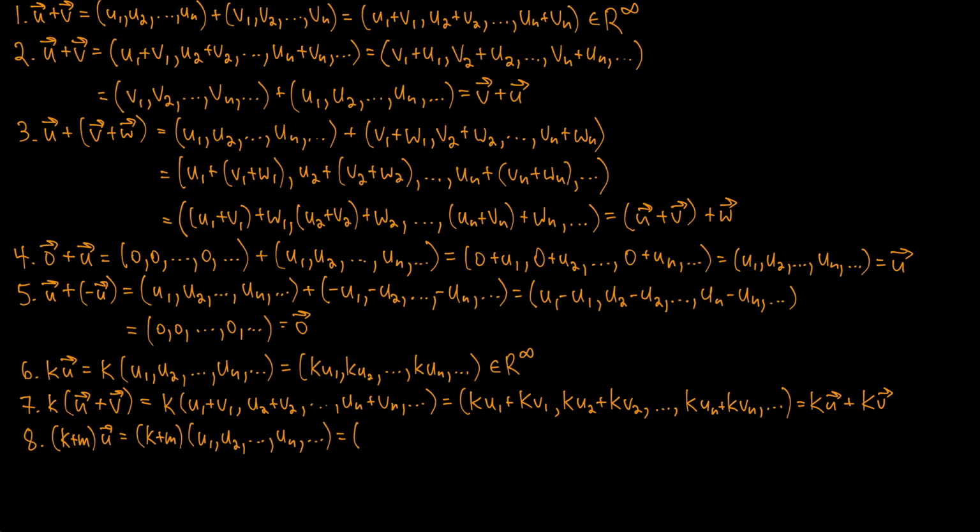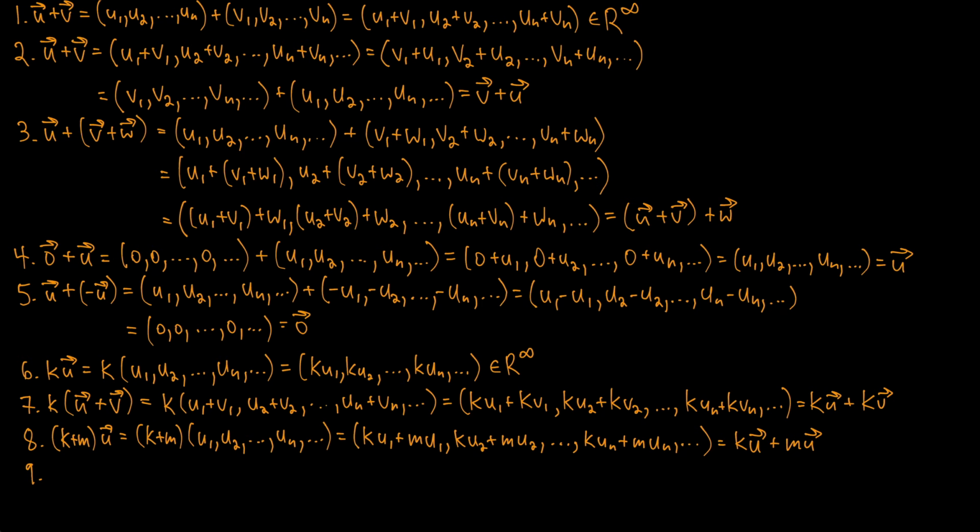So that's k times u1 plus m times u1, because again, distributive property over regular addition. ku2 plus mu2, kun plus mun, and that's just ku plus mu.